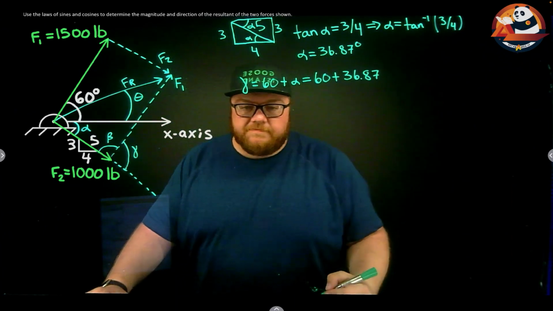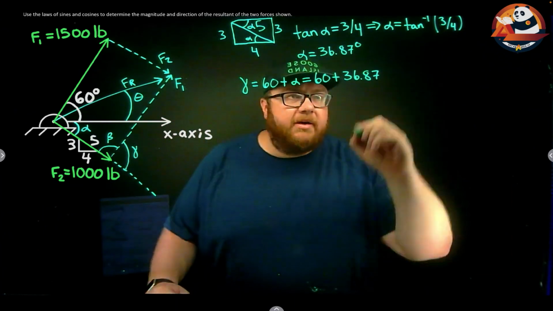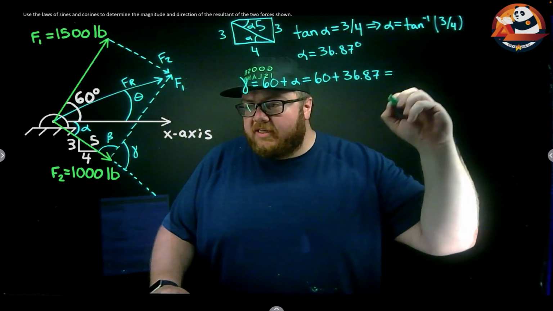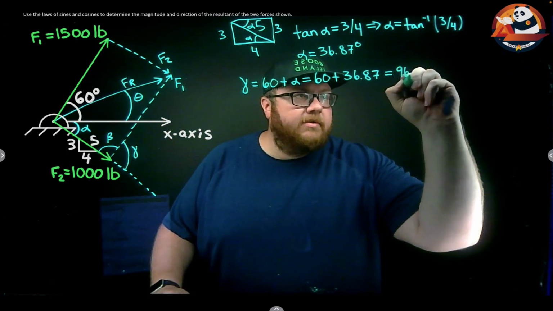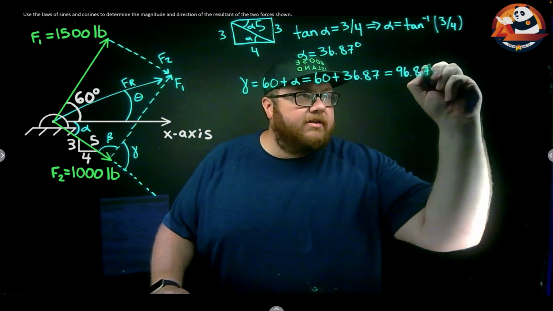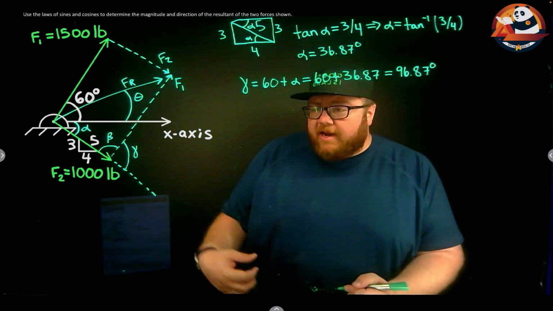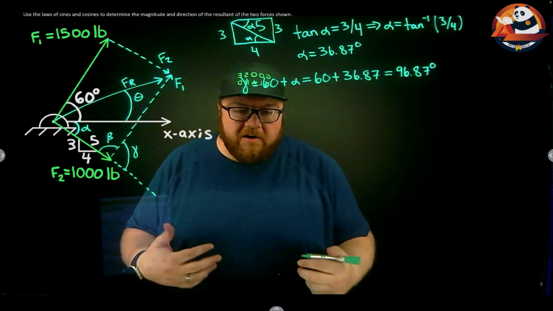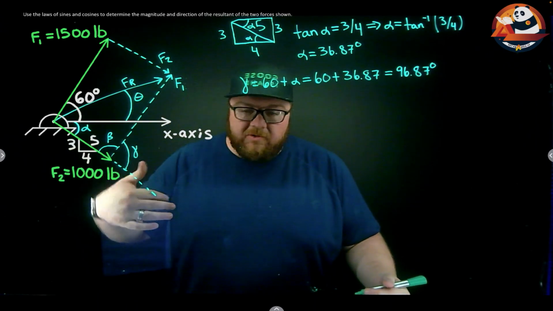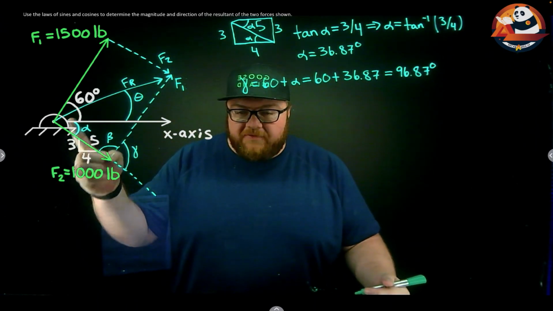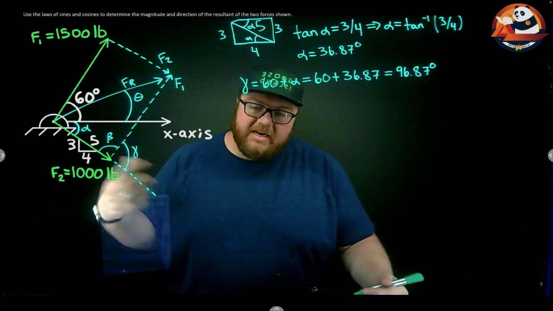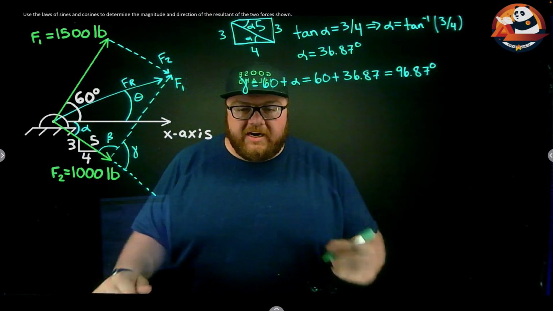36.87 degrees, which will get us that gamma is 96.87 degrees. If I know gamma, I can find beta because beta and gamma are supplementary. They have to add to 180 degrees. From F2 to a line that continues past the end of F2 is 180.